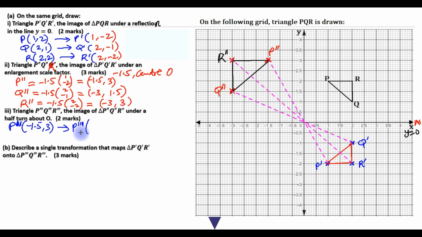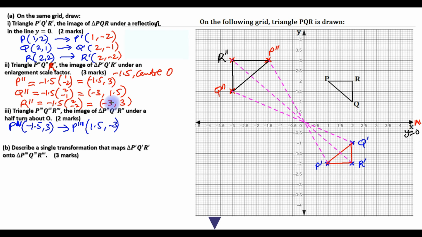So in that case, since it is a half turn rotation about the origin, they are going to interchange the signs. Actually the signs are what will just be interchanged. So this will be 1.5, the other one will be minus 3.